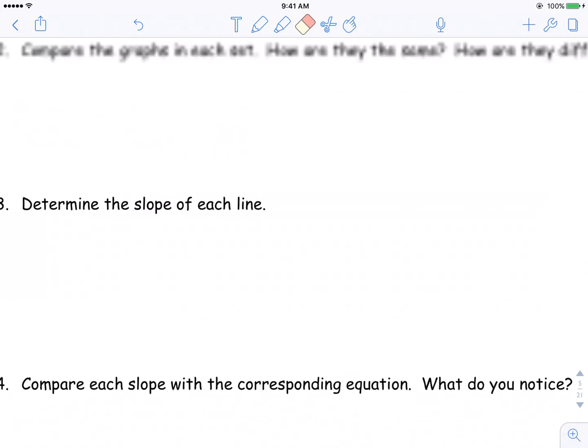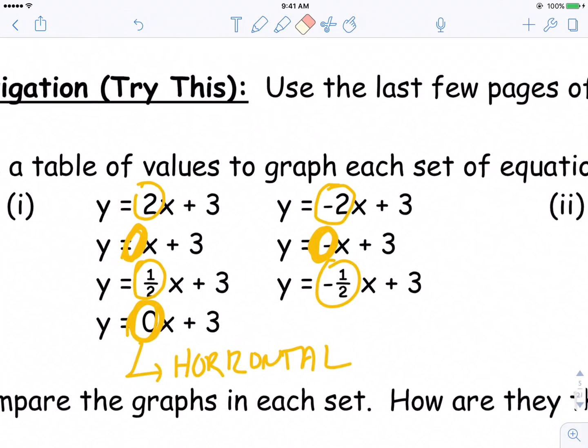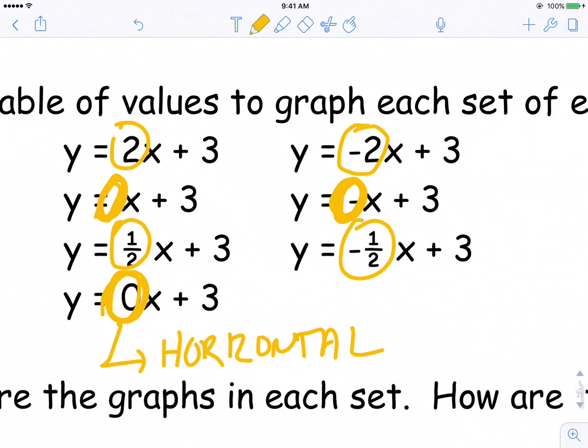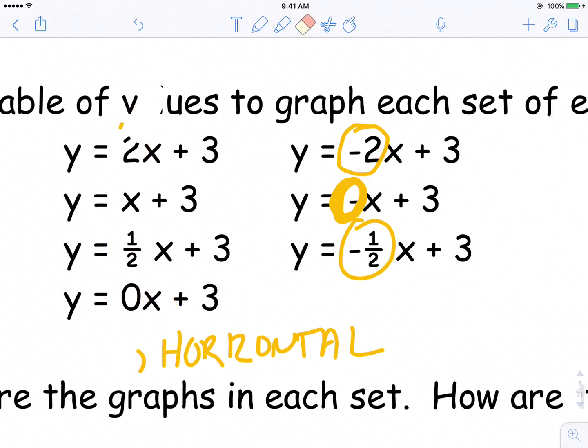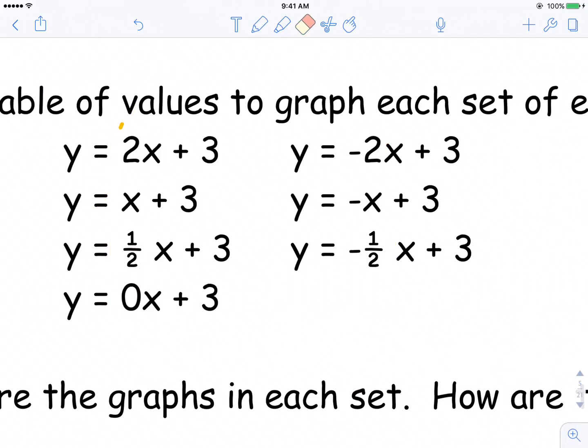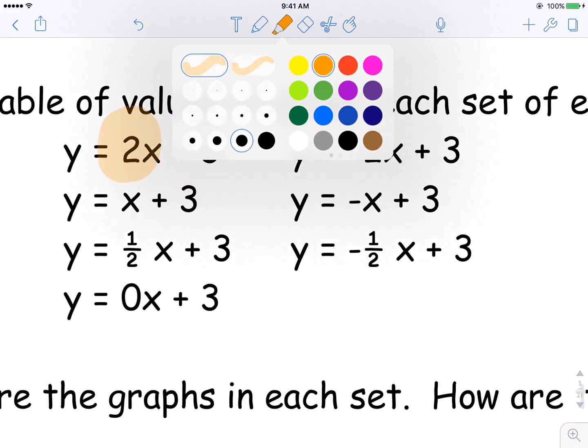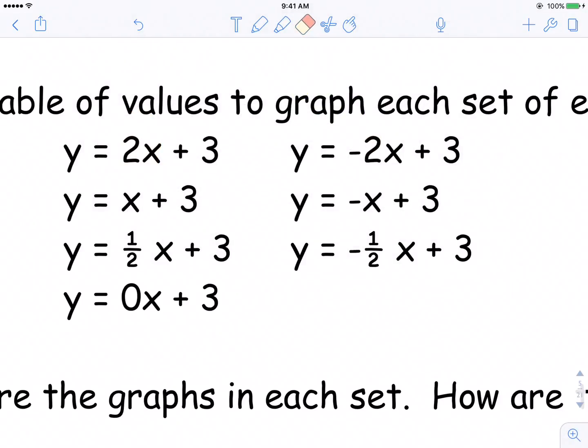What do you notice? Well, I noticed that as I calculated the slope of each of these equations, it happened to match the value here, match the value here, match the value here, and here, and this -1, and this +1 that we never write, and the 0.